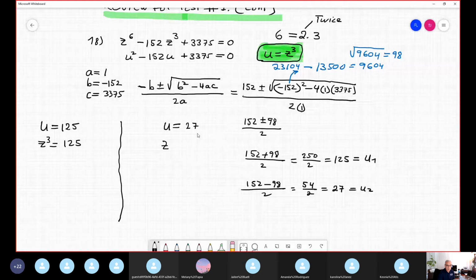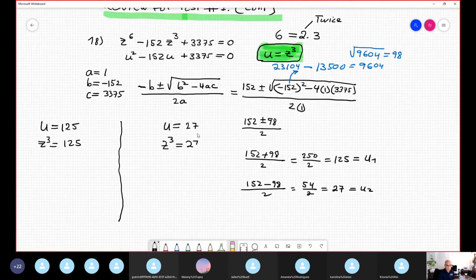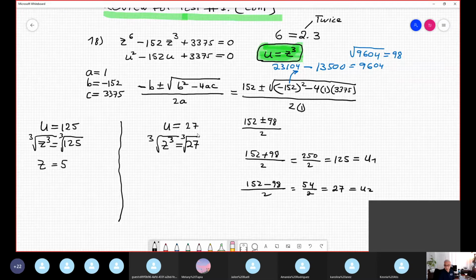Likewise, C cubed equal to 27. In this moment, some students say, well, okay, professor, it's easy because you apply cubic root both sides. Therefore, when you apply cubic root both sides, this is C without power and cubic root. And this is 5. 125, so 5 and 5 and 5.